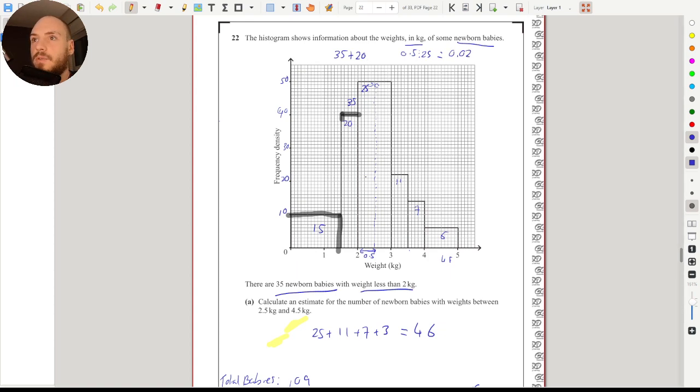We want to get the 20th value in here, so it'll be 0.02 multiplied by 20, which gives us 0.4. So we're going for the fourth block in. That's the third block, fourth block in. So that'd be 2.4.